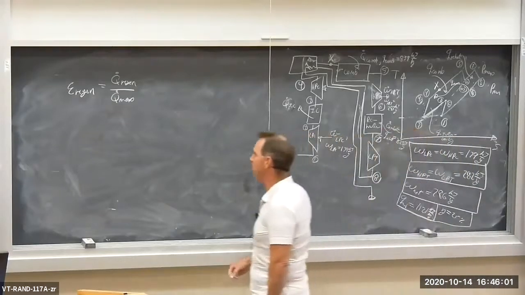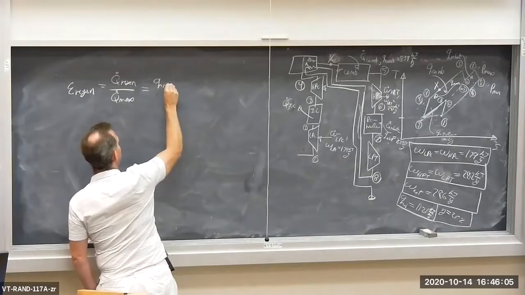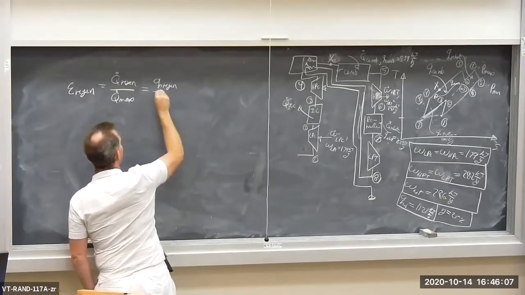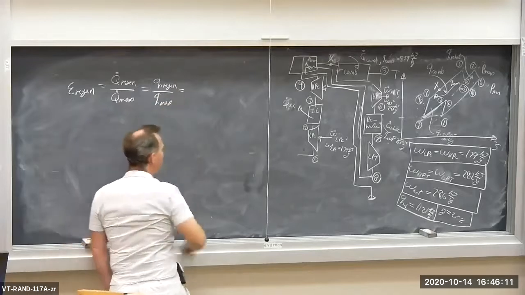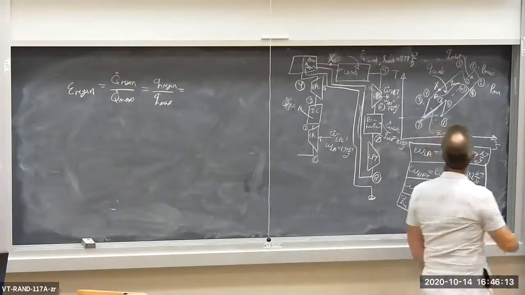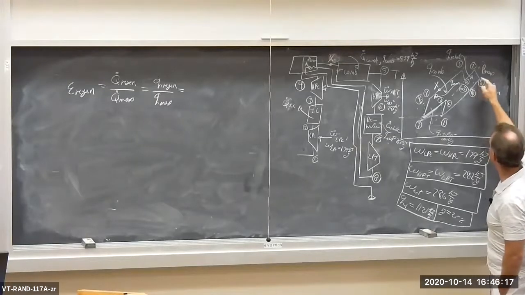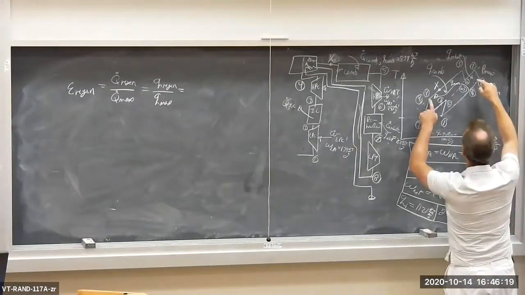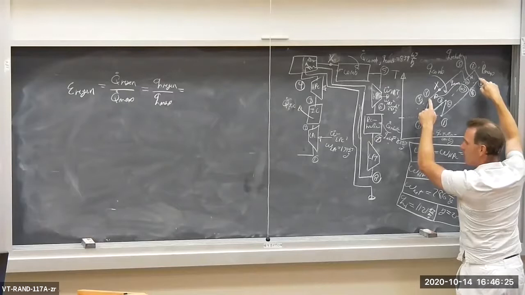If I divide this by m dot, I get lowercase q regen divided by q max. Now the maximum heat transfer is the difference in temperature between state 4 and state 8, the high pressure compressor exit and the low pressure turbine exit.